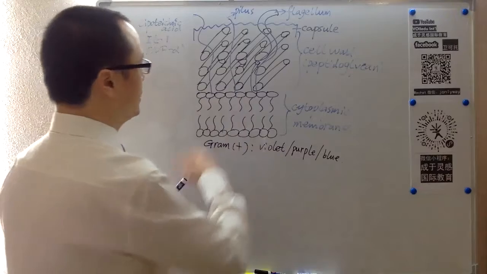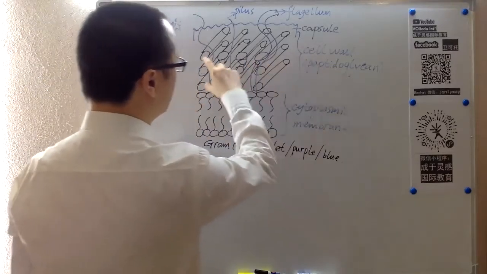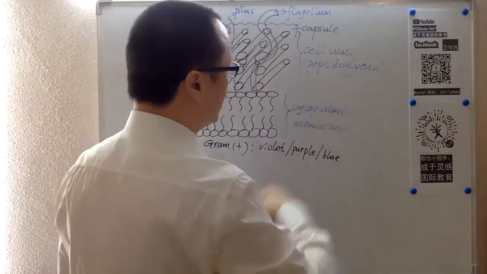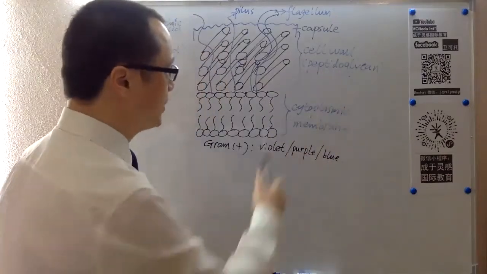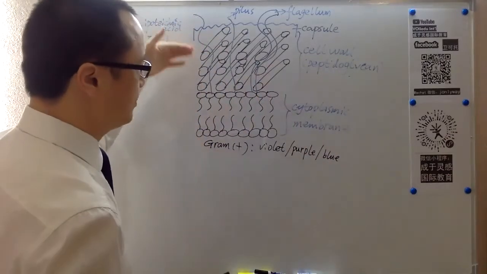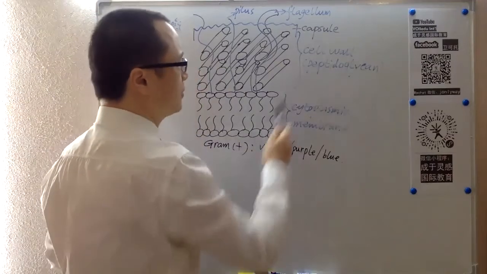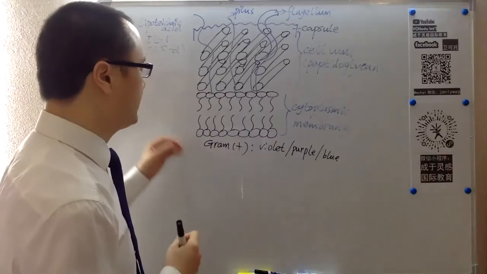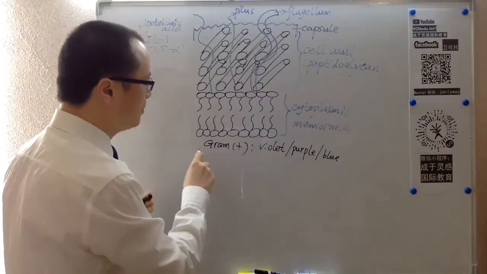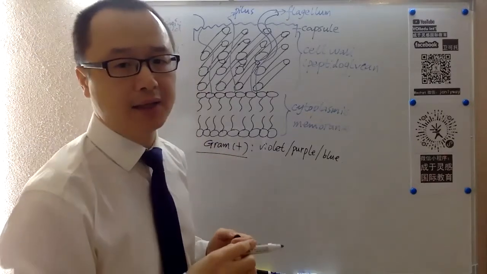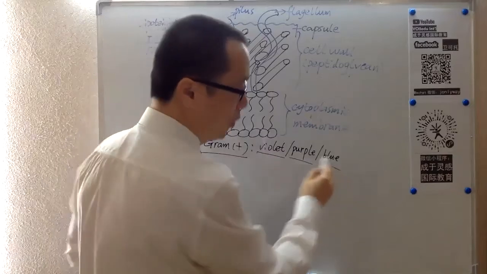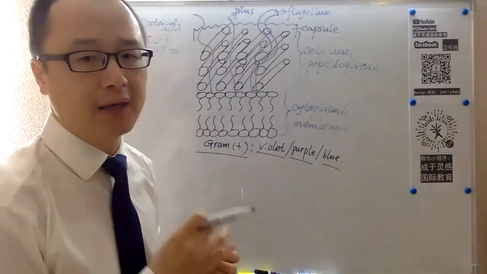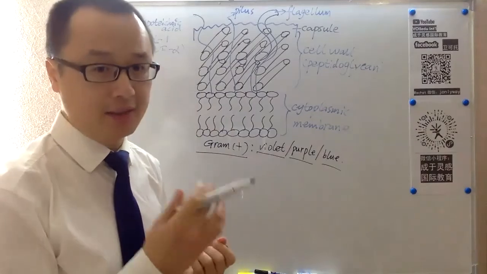Now, on the whiteboard, I have pictured the structure of the gram-positive bacteria, and as you can see, there is a cell wall with 3 layers. The component of the cell wall is peptidoglycan. Because there are several layers of peptidoglycan, compared to the gram-negative bacteria, the gram-positive bacteria are dyed violet, purple, or blue, and the gram-negative bacteria are dyed red or pink.